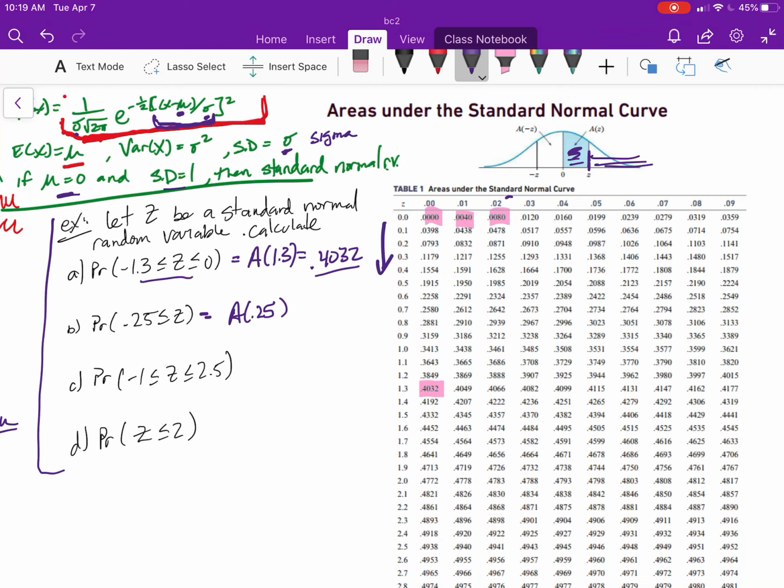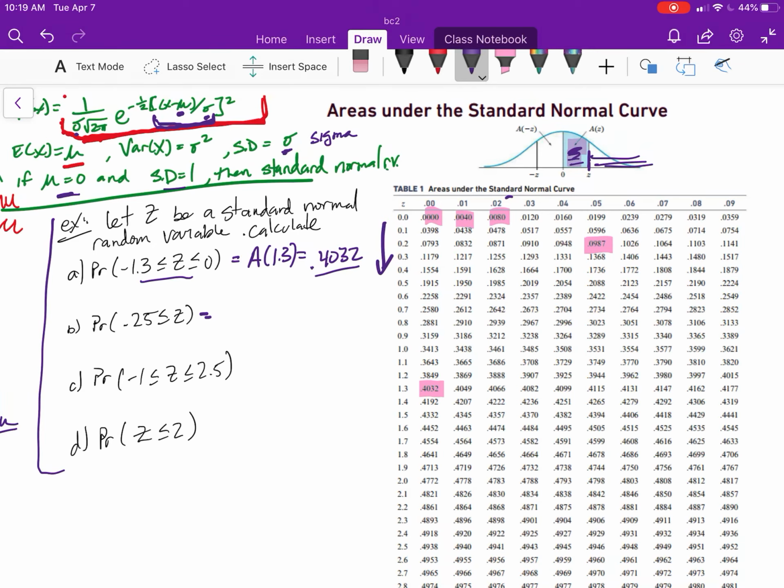So what we can do is subtract, right? So let me go and erase that. It's not area 0.25. I'm saying when we use area 0.25 right here, it's going to give me this. So the trick around that is this.